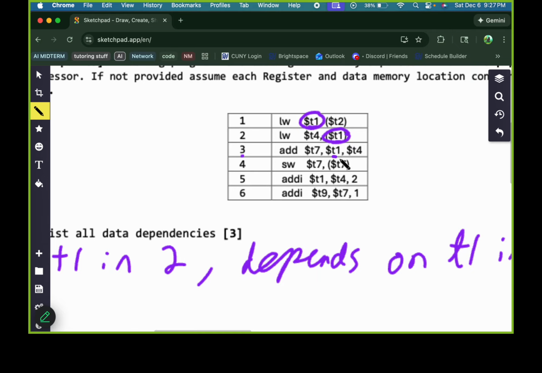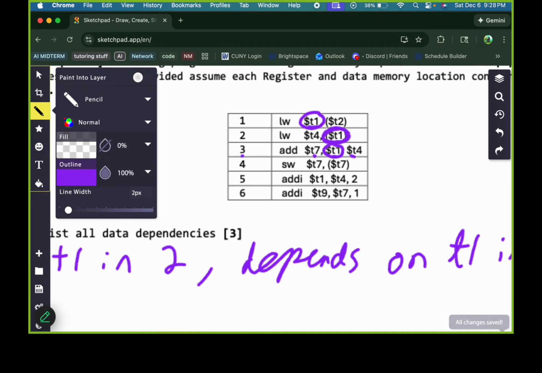Okay, now we go to instruction 3. We add T1 and T4 and put it into T7. So this means that now T1 depends on T1 here, and T4 depends on T4 here. So I'll actually make this another color.